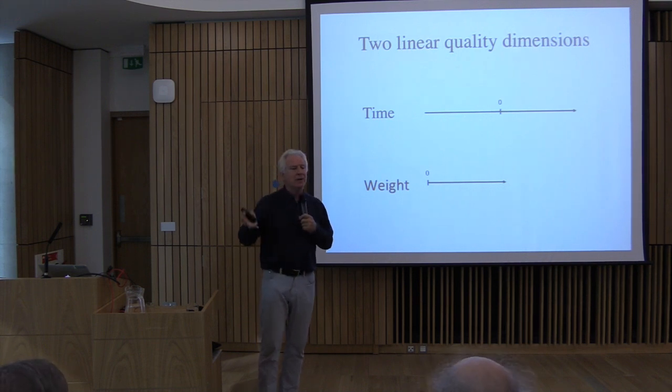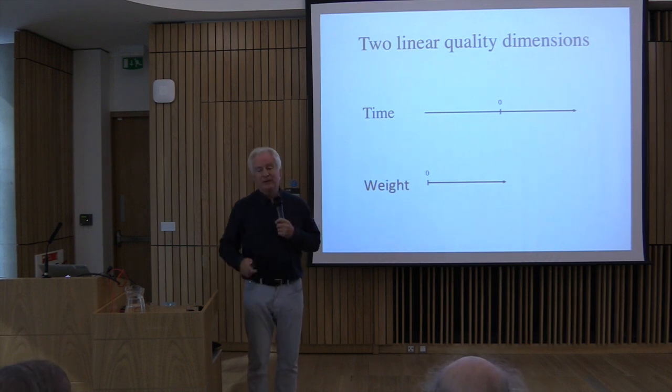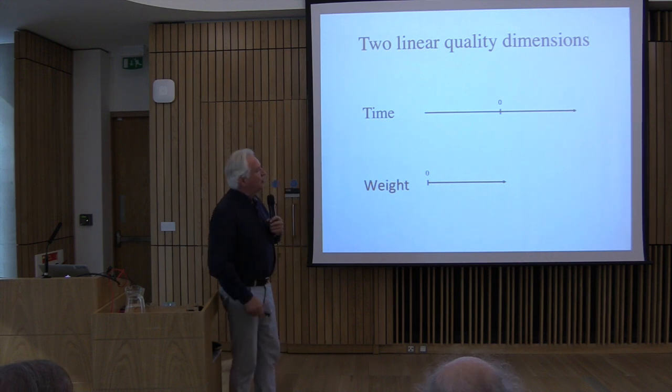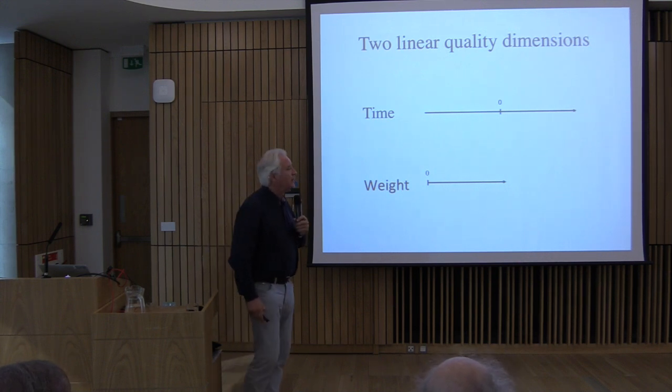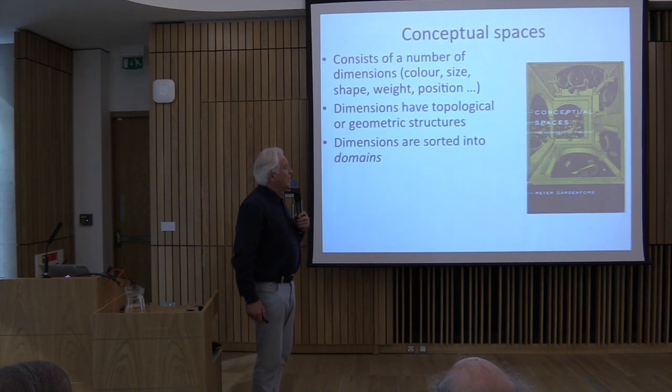We represent them by numbers, but we have to keep track of the fact that weights don't come with negative numbers. So that's a difference. It's a fairly trivial one, but still to give you an example of what I mean by differences in geometric and topological structure. For me, it's important that we can sort them into domains.